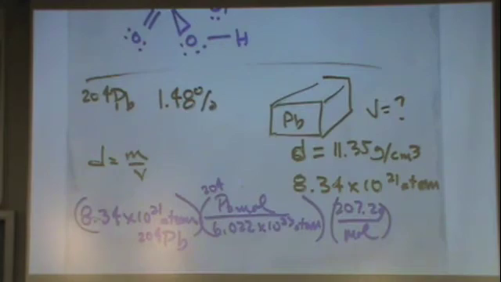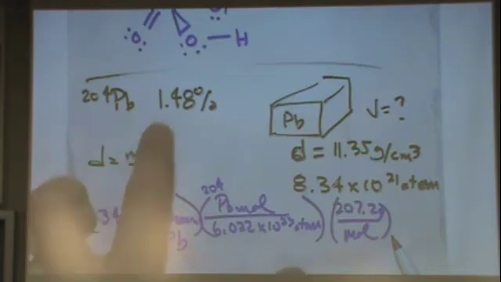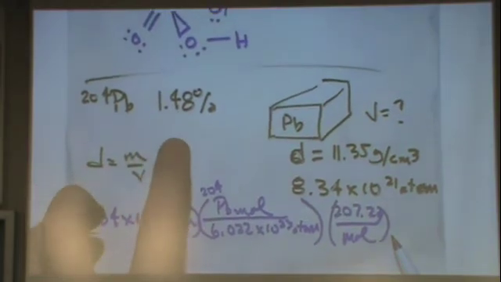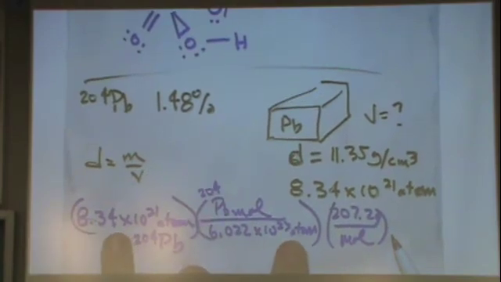Now here's the problem. I can't just straight up multiply by this to change to grams yet, because this is not for lead 204. How do I use this percent to find out the total number of lead in this? Let me say this another way.